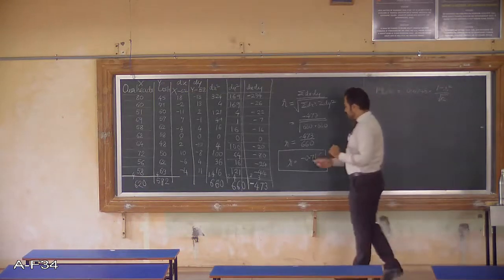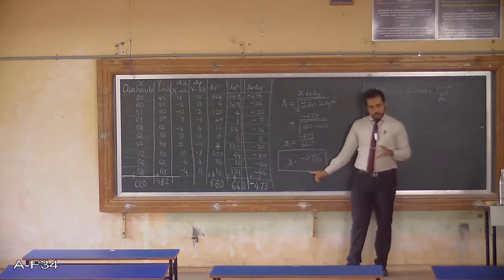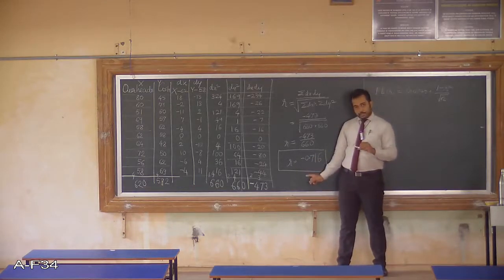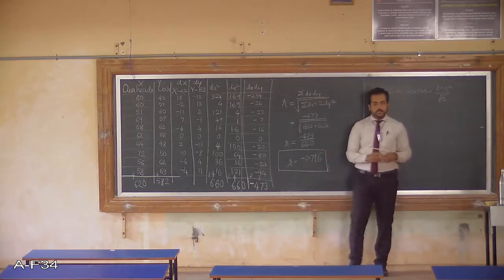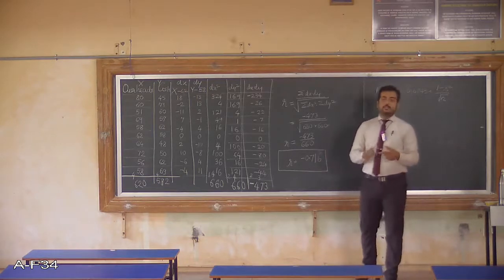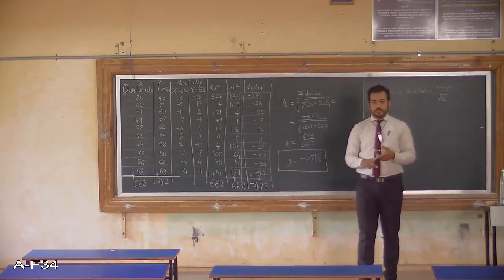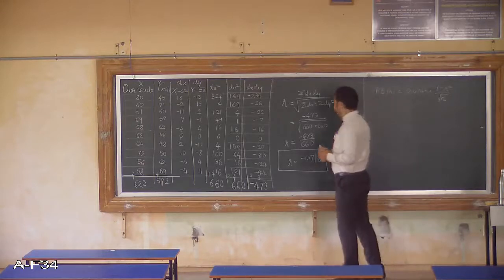So from Karl Pearson's correlation coefficient we have found it's a negative correlation, and this is the value we have calculated. Now we have to check whether this value is significant or not. For that we have to calculate the probable error.